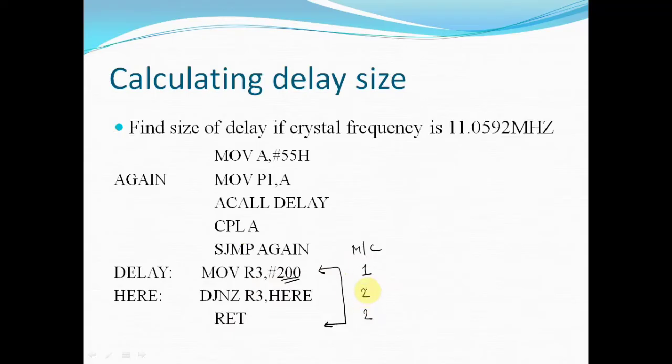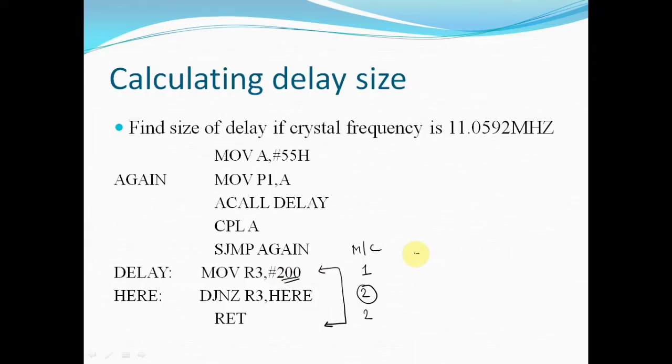When we calculate the delay size, we actually consider the instruction inside the loop, but if you also take the instructions outside the loop, you can get more accurate delay calculations. In this case, the DJNZ instruction requires 2 machine cycles and is executed 200 times.